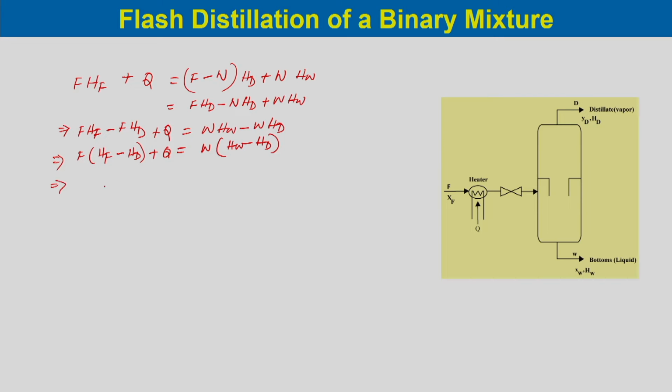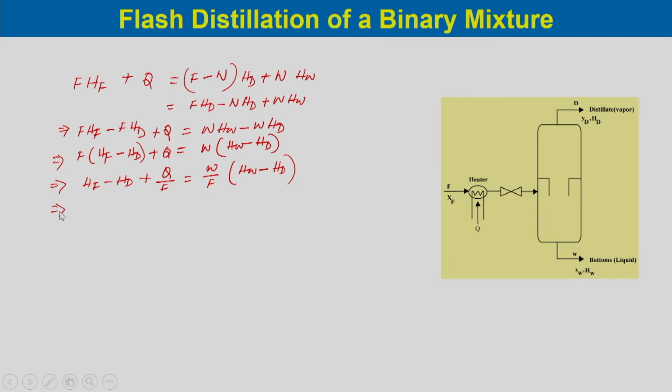Further rearrangement: HF minus HD plus Q by F would be equal to W by F into HW minus HD.